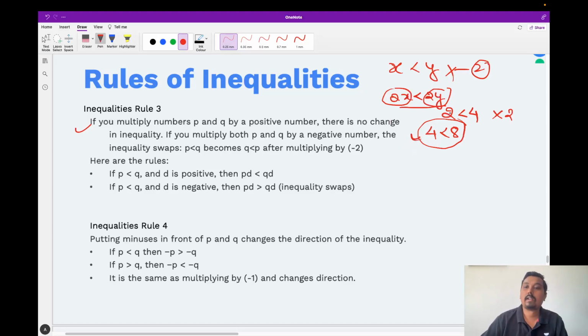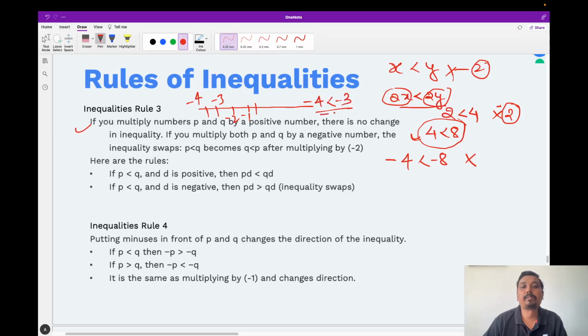But what happens if I multiply it with minus 2? You will tell, sir, it will be minus 4 less than minus 8. Sir, this is not possible, because from our LKG, UKG, we know that on the number line, minus 1, minus 2, minus 3, minus 4, minus 4 is less than minus 3.